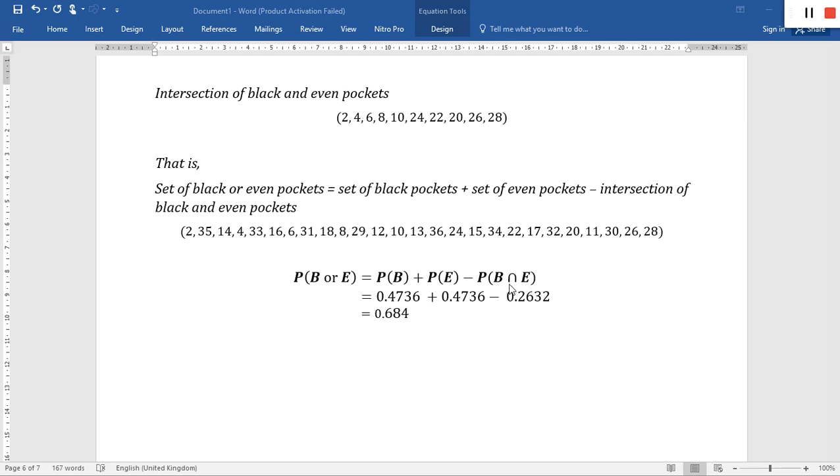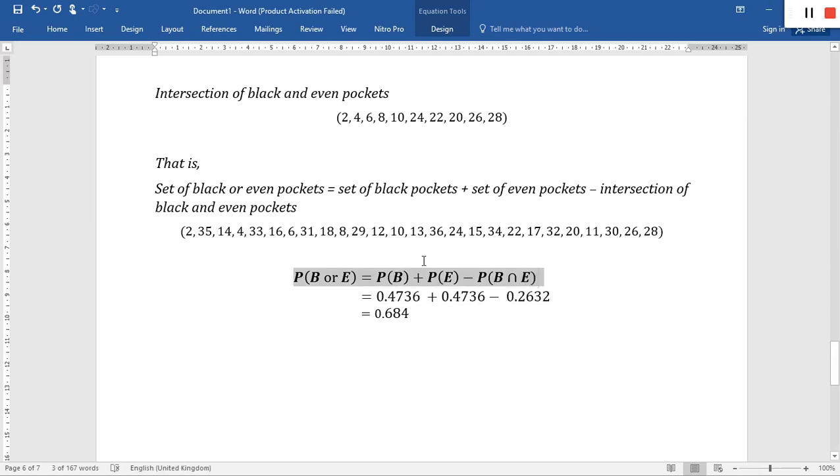So when you have mutually exclusive events, the probability of getting, let's say, B and red, that's B and R, that is the probability of B intersection R, is 0. Why? Because there's no intersection. The two events do not occur together. So it's simply like saying P of B plus P of R minus 0. So this formula is pretty much general.